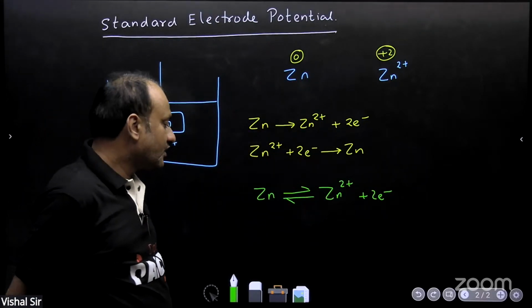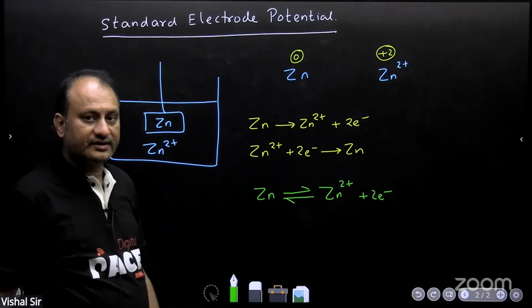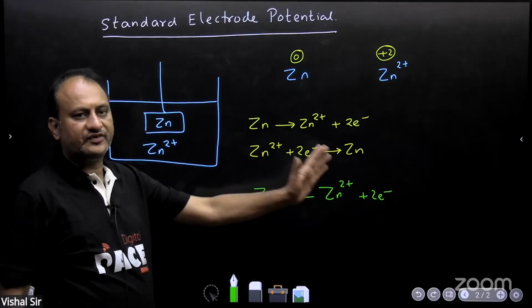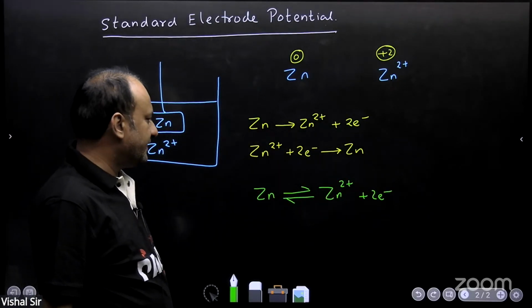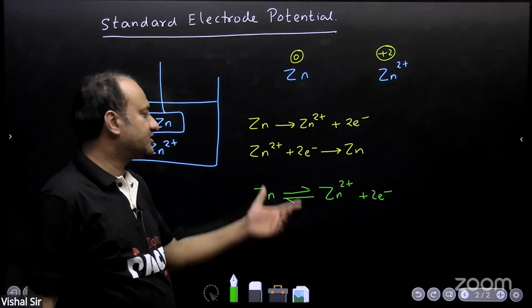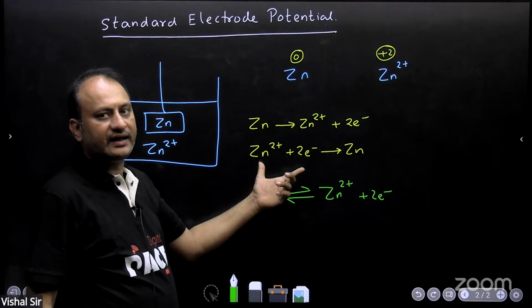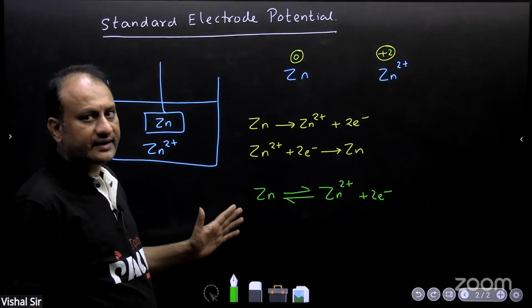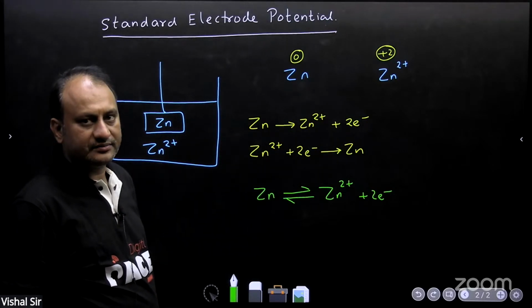Let's say for discussion that this equilibrium of zinc is shifted in the right direction. What I mean is that the first reaction is happening more than the second reaction. Overall, in net, zinc atoms are getting converted to zinc ions.